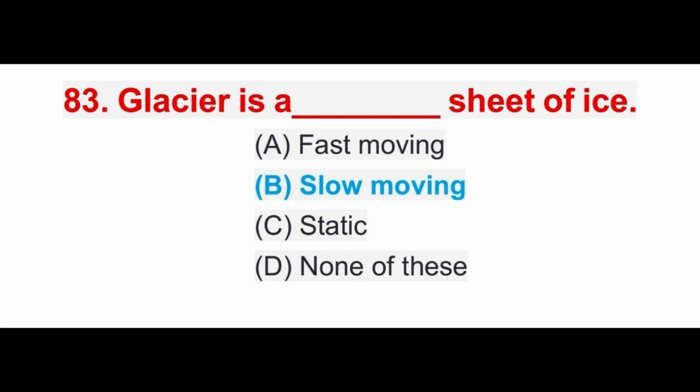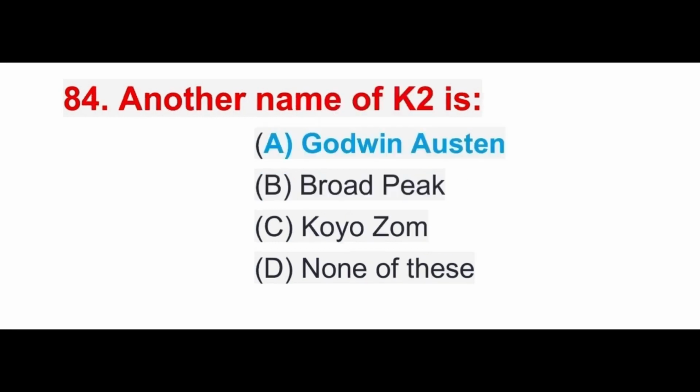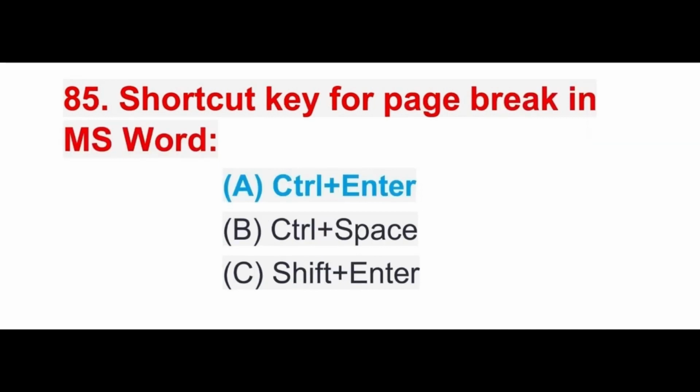Glacier is a underscore sheet of ice. That answer is slow moving. Question number 84. Another name of K2 is. That answer is Godwin Austen. Question number 85. Shortcut key for page break in MS Word. That answer is Ctrl plus Enter.